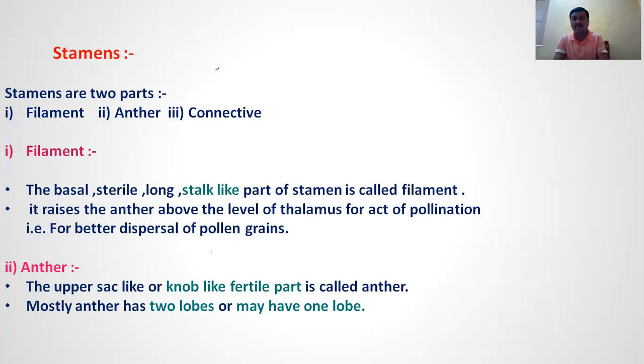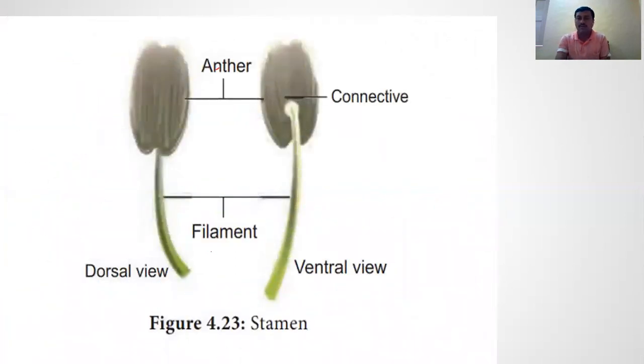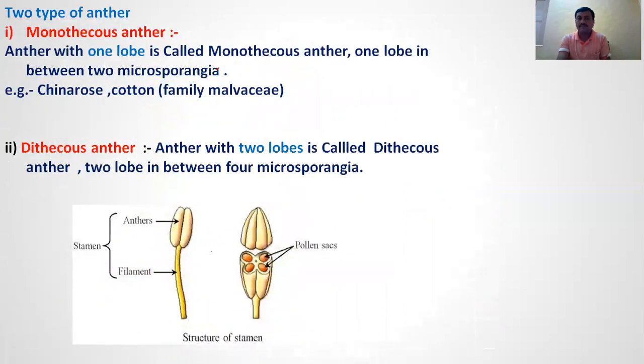It helps in better dispersion of pollen grains because the anthers are above the level of the thalamus, with the help of pollination. Filaments are long in some flowers and very short in others. The anther is the upper sac-like, fertile part. Anthers have two lobes or one lobe.